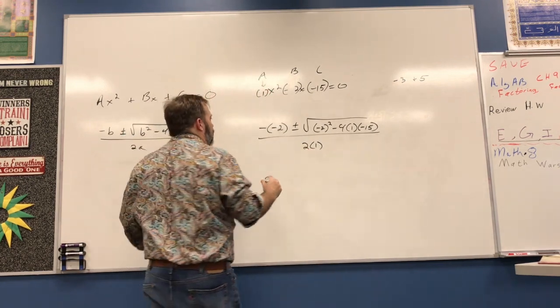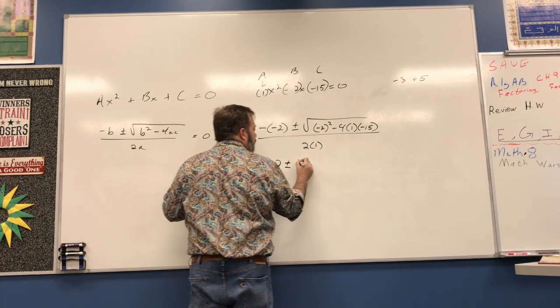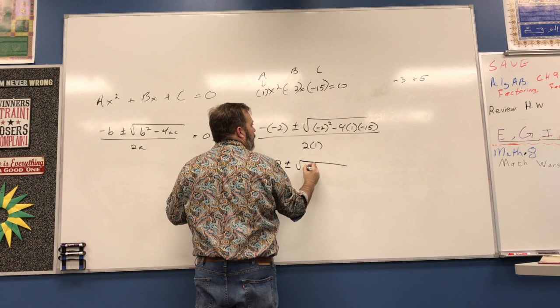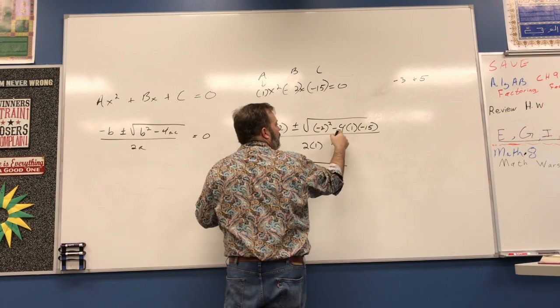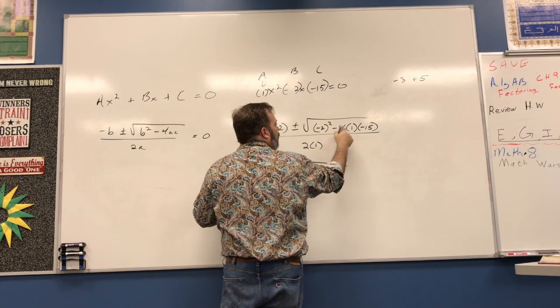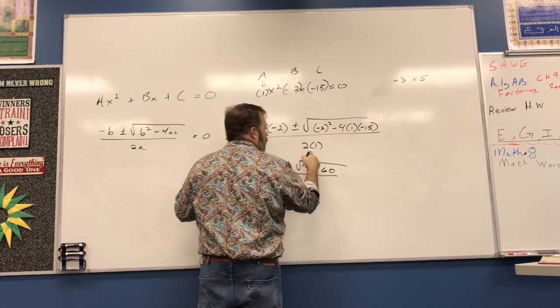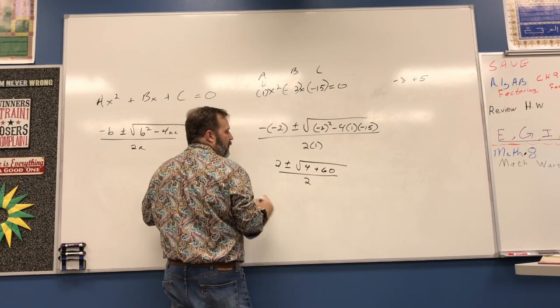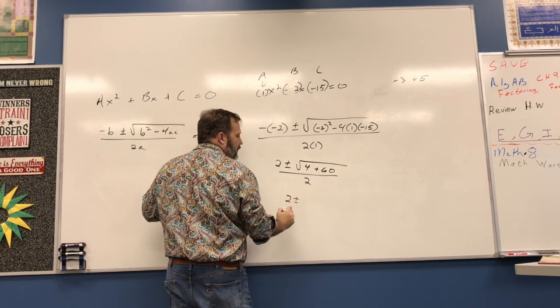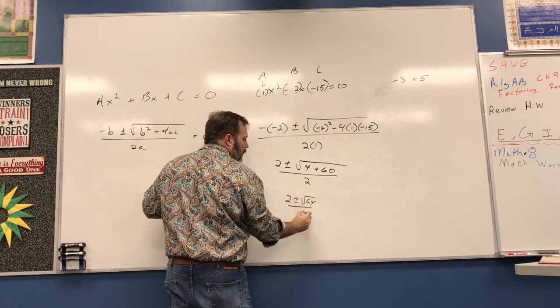No problem. So the opposite of -2 is going to be 2, plus or minus the square root of -2 squared, which is 4, minus, we have a negative times a positive times a negative, so it's going to end up being plus, 4 times 1 times 15 is 60, all over 2 times 1 is 2. 2 plus or minus the square root of 64 over 2.